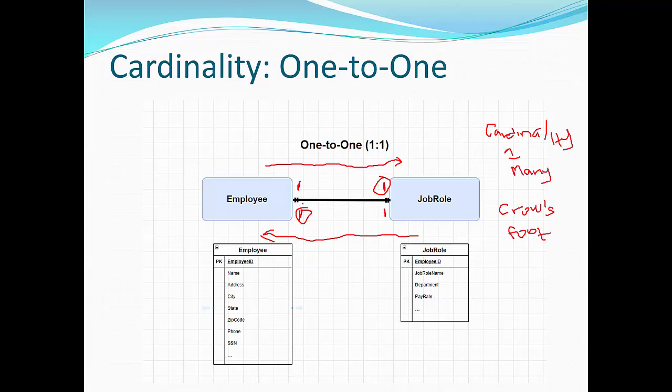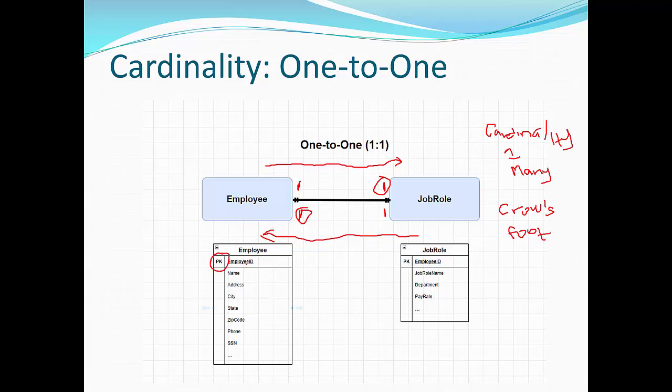So because they are on both sides, if we see this particular relationship between the two entities, we know that it's a one-to-one relationship. Another thing to note is that both of the entities have the same primary key.